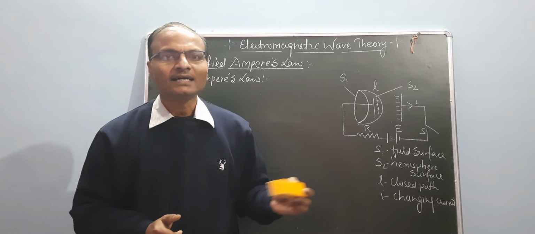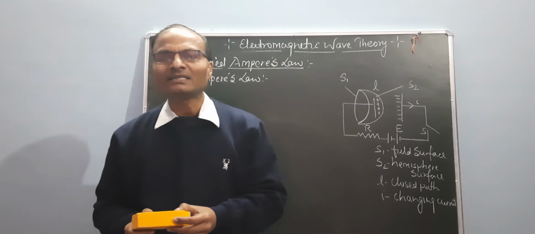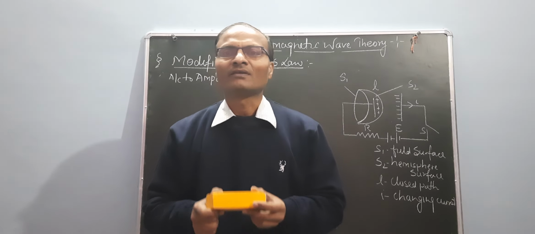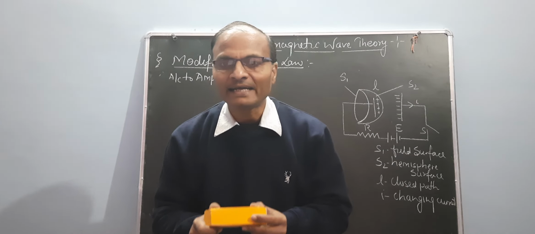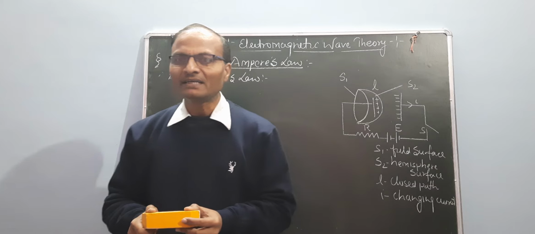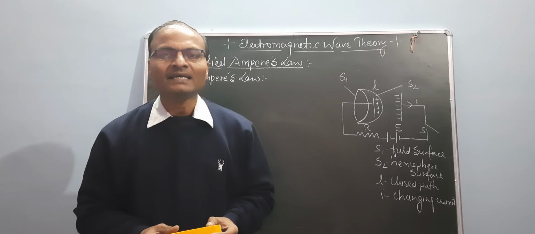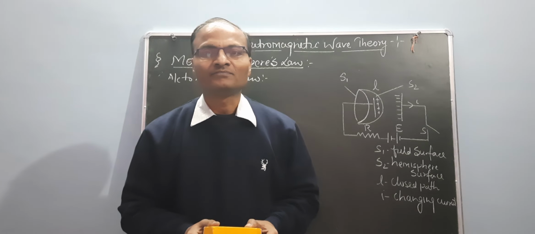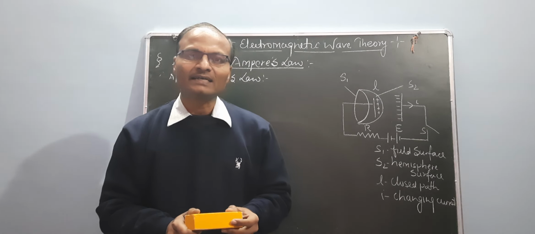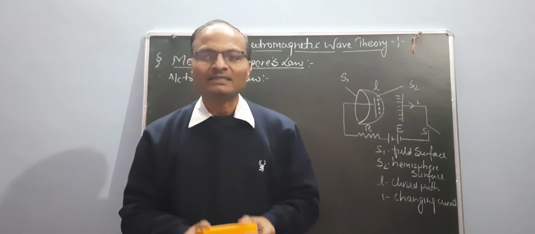So consider the conduction current and displacement current in a capacitor filled with a conducting dielectric medium. The dielectric medium itself is a conducting medium, so both conduction current and displacement current flow through the capacitor.